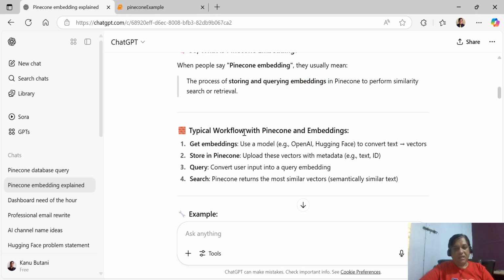Typically how it works is, first get the embedding. It uses models like OpenAI to convert the text into vectors. Then it stores them in Pinecone with the text and ID. Then the query, the user input like "Kanu loves pizza?", also will be converted into an embedding, and then the similarity search will be done.